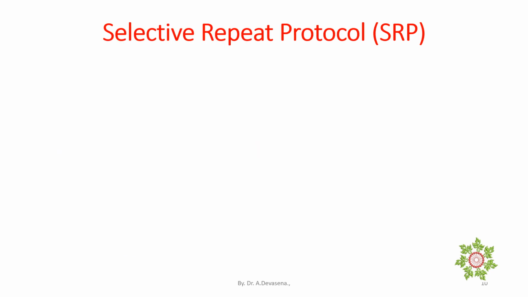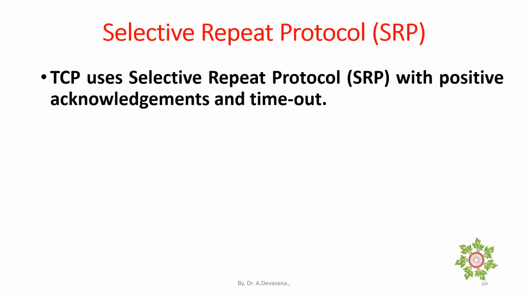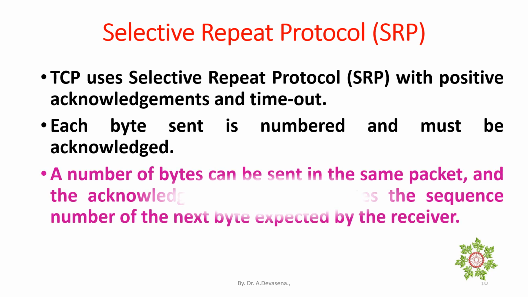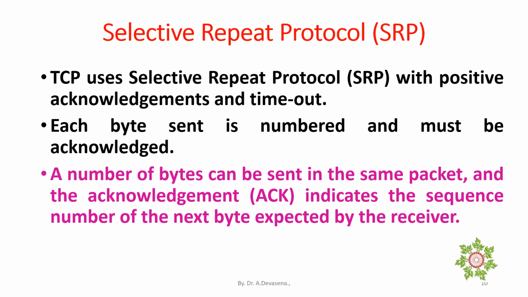Selective Repeat Protocol (SRP). TCP uses Selective Repeat Protocol with positive acknowledgements and timeout. Each byte sent is numbered and must be acknowledged. A number of bytes can be sent in the same packet, and the acknowledgement, that is ACK, indicates the sequence number of the next byte expected by the receiver.